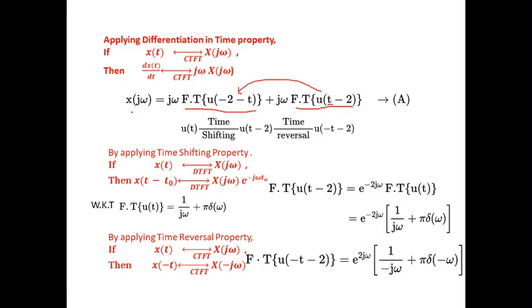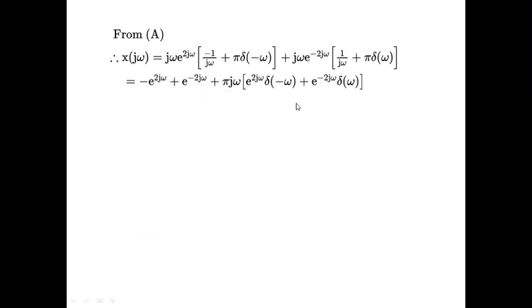So now what is our final x of j omega? You just need to add j omega into this answer plus j omega into this answer. So finally x of j omega is equal to j omega into the value that you got over here plus j omega into the value that you got over here. Simplify this by multiplying, and you will get this, right?